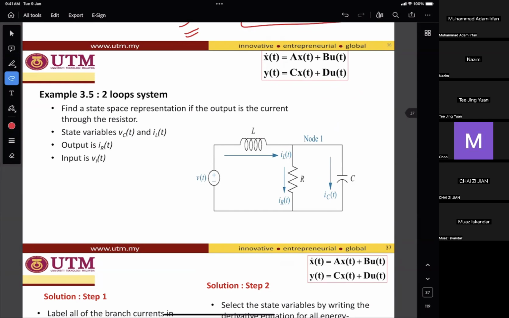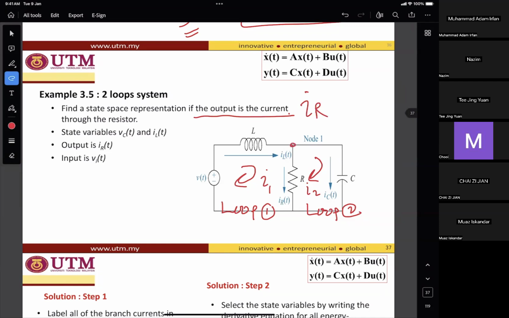So we have two loops, which are I1 and I2. This is loop 1, and this is loop 2. Find the state space representation if the output is the current through the resistor, IR.